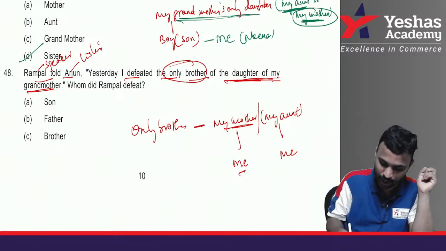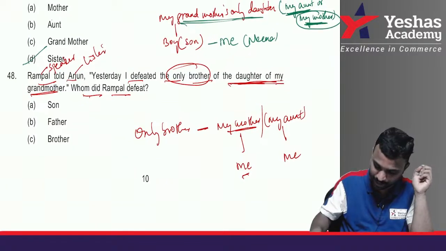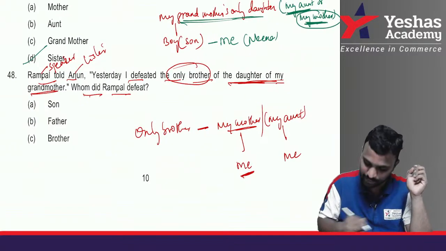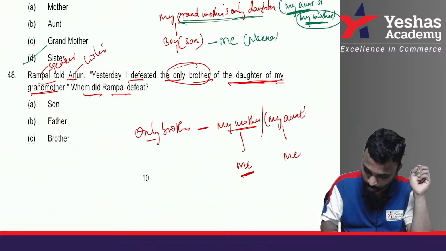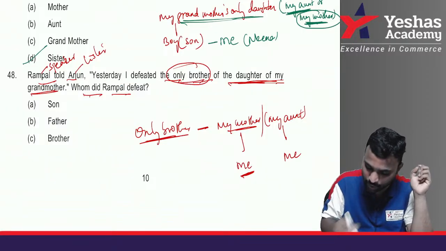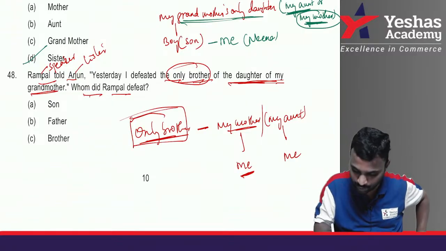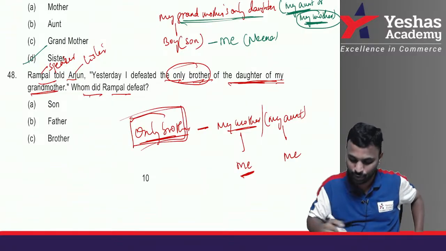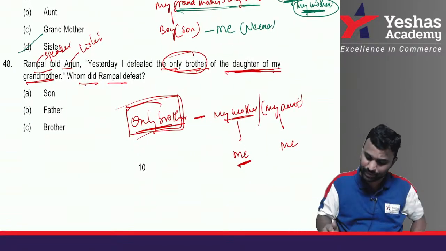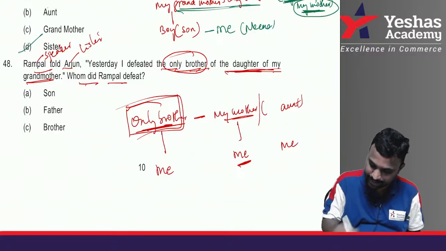Have you understood? Now, whom did Rampal defeat? First of all, Rampal, if here is me, where is that fellow? Only brother. Yesterday I defeated the only brother. This fellow only he defeated. Yes or no? So in this case, what happens? If she is my aunt, myself could be the son to this fellow.